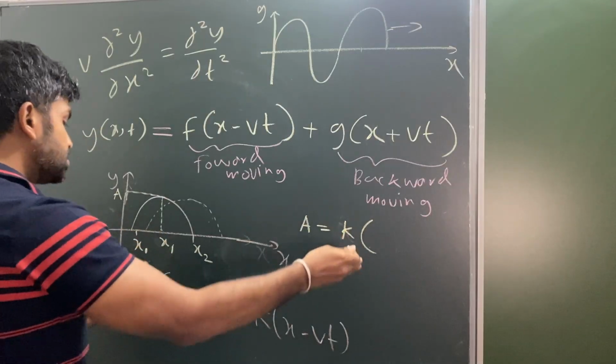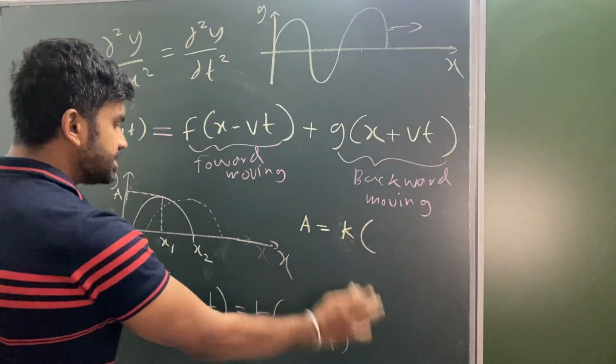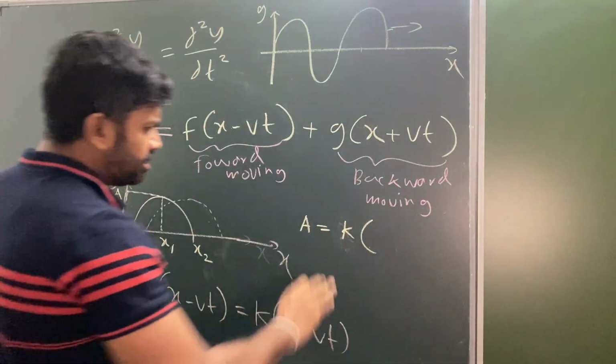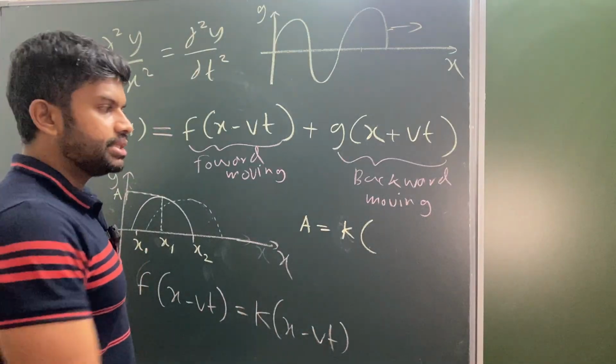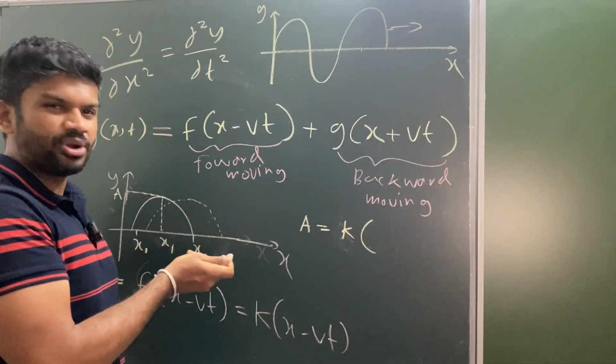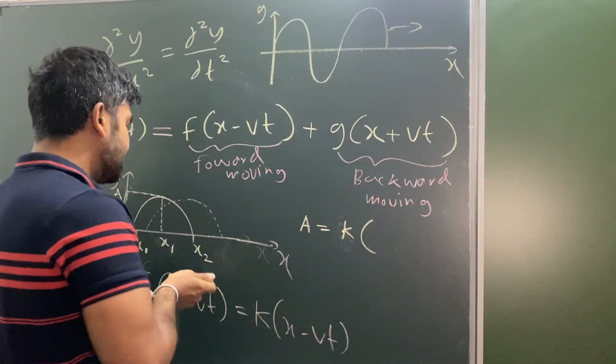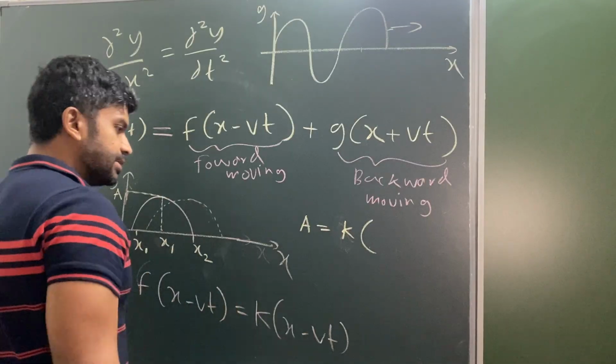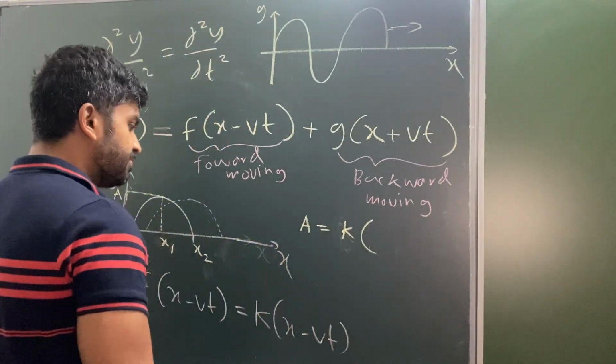K is a constant, guys. For simplicity, I took it as a constant. You can choose any function you want, but this is just a pulse, not a wave, and for clarity, I took it simply as a pulse like this.